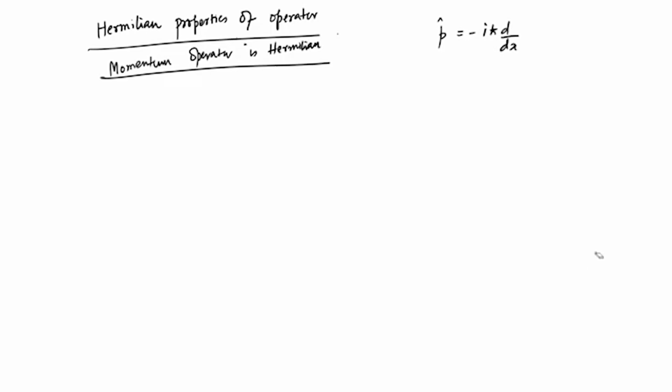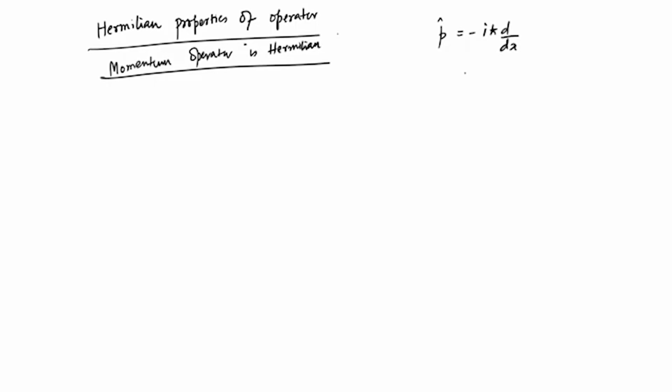If you write it in 3 dimensions, of course, there are d/dy and d/dz that will be there. And because it looks like there is this term i, how in that case does this become a Hermitian operator, which means that it will return real eigenvalues. If it returns real eigenvalues, then of course it is a Hermitian operator.